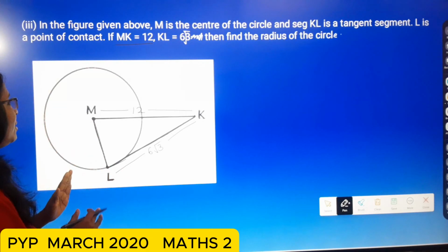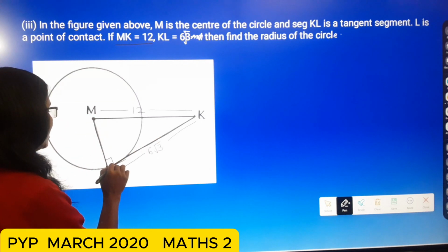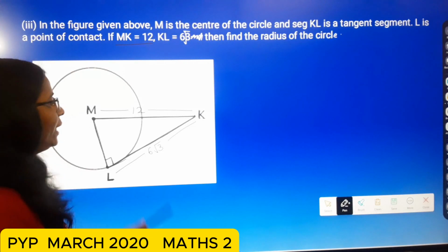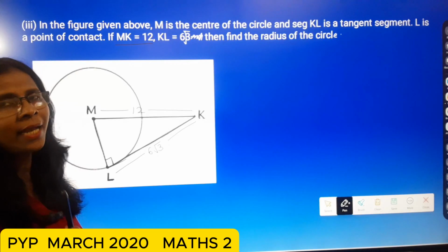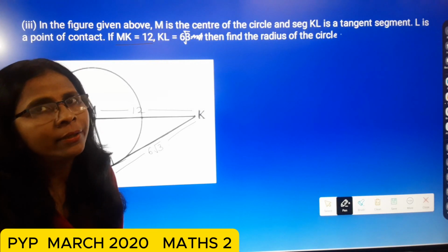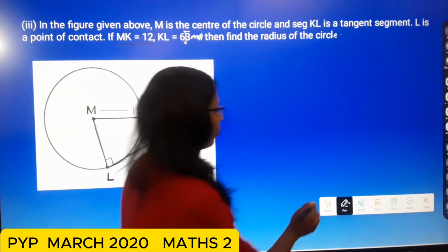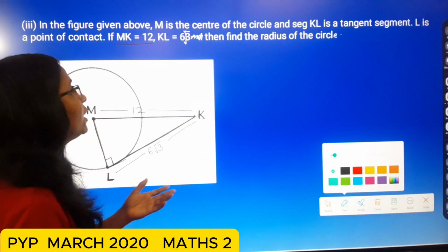So now how can we find ML? Here students, ML is a radius, LK is a tangent, that means it is a 90-degree angle at L. So it is a right angle triangle, students, and here we can use the Pythagoras theorem. So here we can solve it with the help of Pythagoras theorem. So now here students, first write down the given.